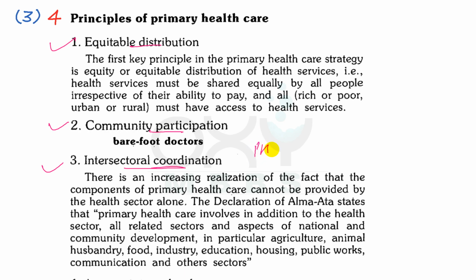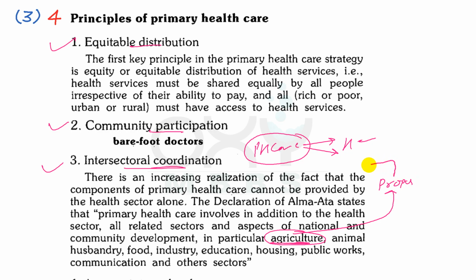Only primary health care is not sufficient for the proper development of the health care system in India. Some intersectors must be involved, like agriculture. If the agriculture system is very good, then sufficient and quality agricultural products will be provided to the society.